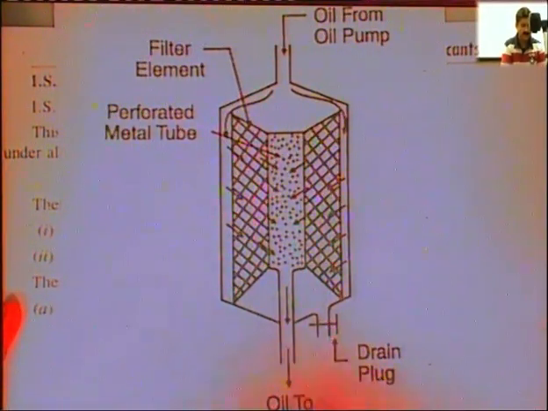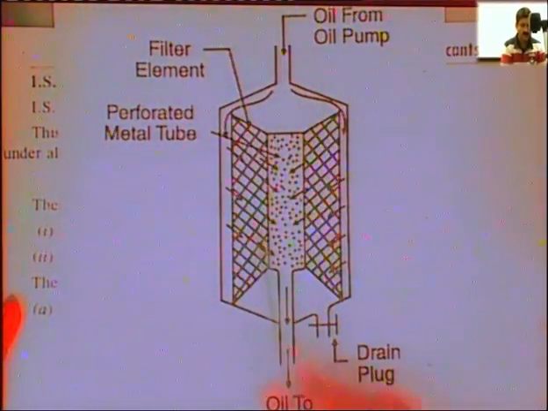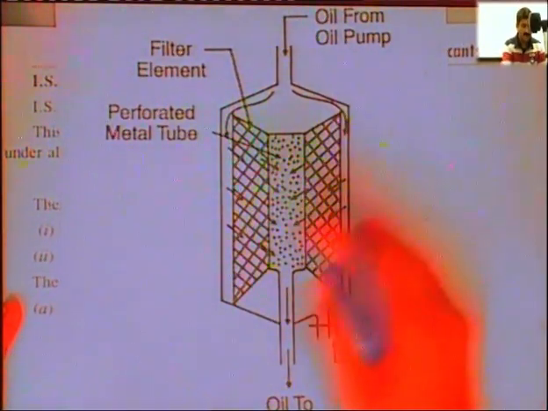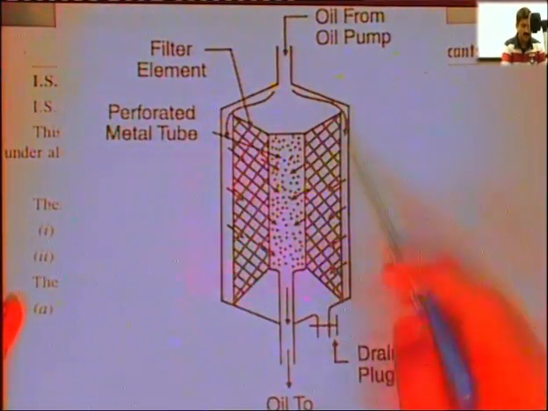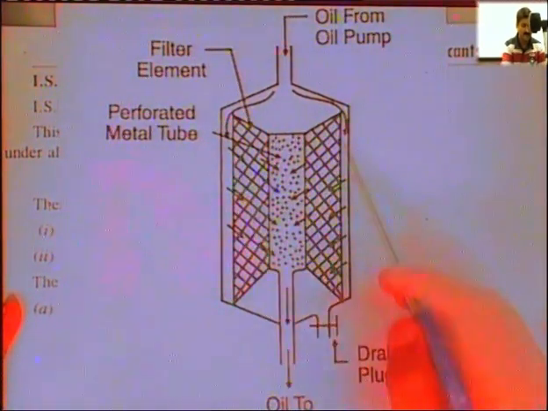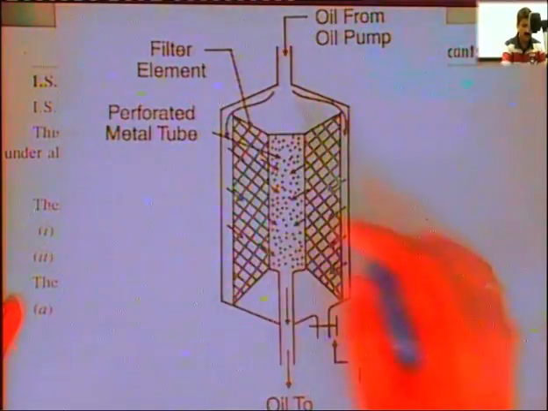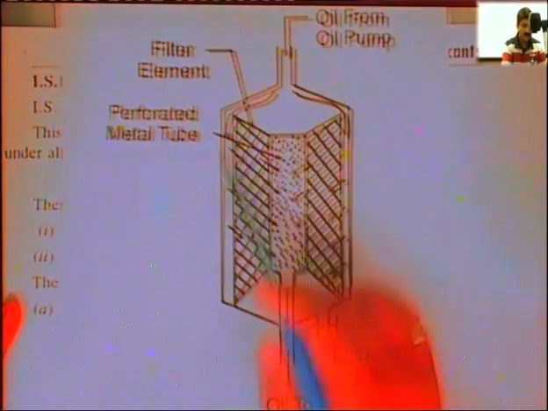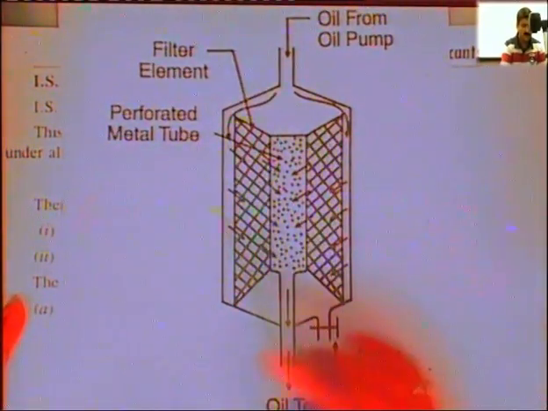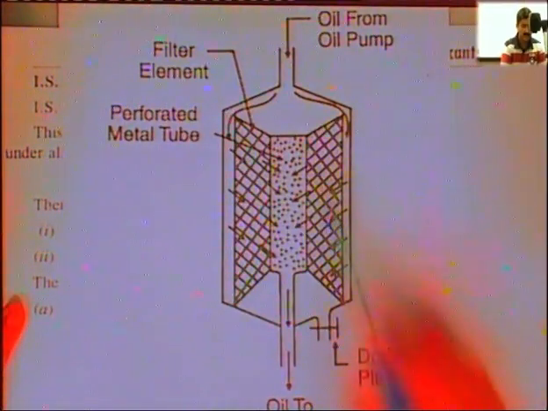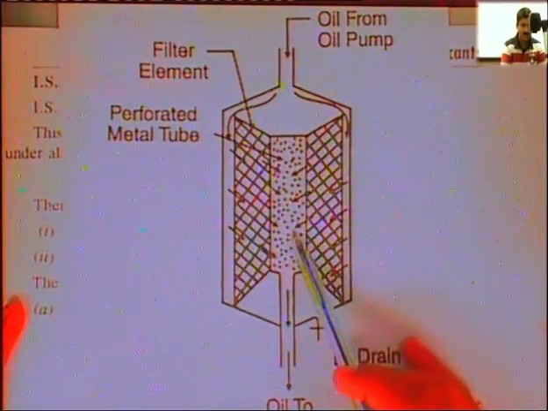This is in 360 degrees. We can imagine this is the cut section, and this filter element is round if we imagine it into 360 degrees, and oil comes from here to this annular cavity from the sides. It will not come directly here, it will go to here, and after passing through this filter element towards inside, here is a perforated metal tube.